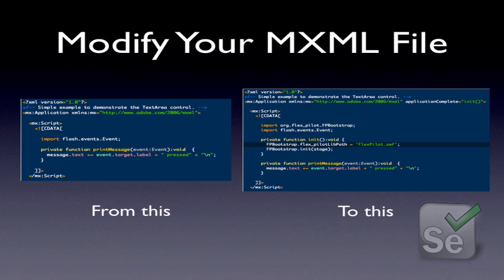First, importing the FP Bootstrap, which imports the Flexpilot, and defining this init function, which right there sets the location of the Flexpilot.swf to your local directory, but that could be wherever you want. And then finally, you add this application complete event in the application tag that calls init, which will load up the Flexpilot.